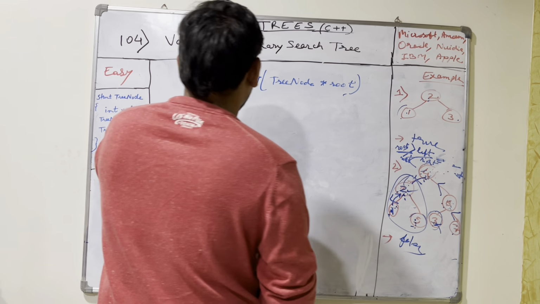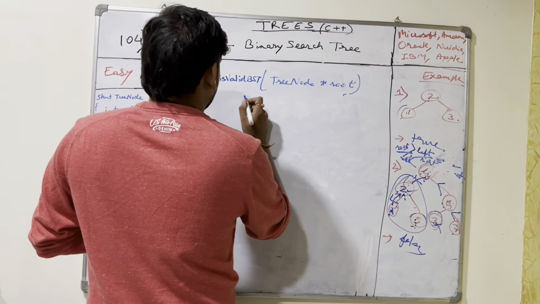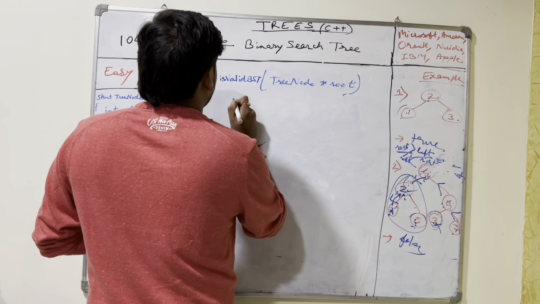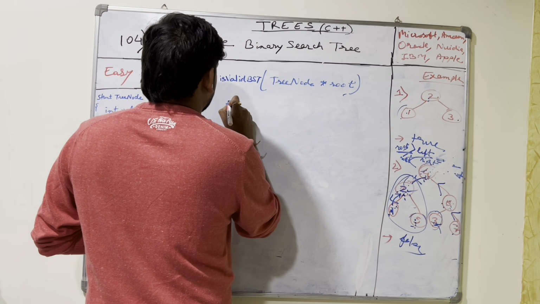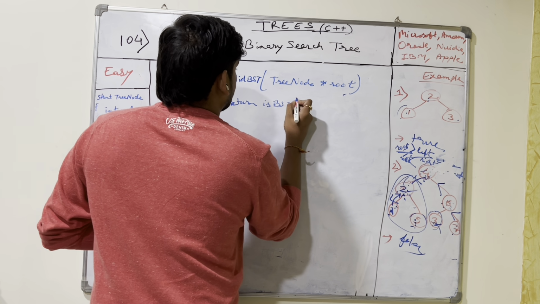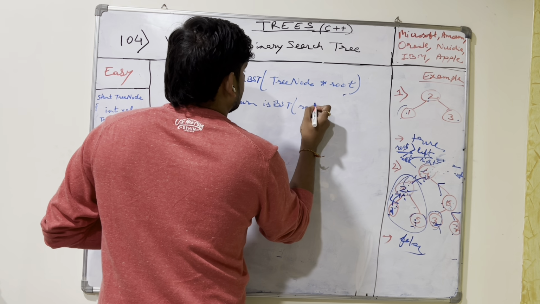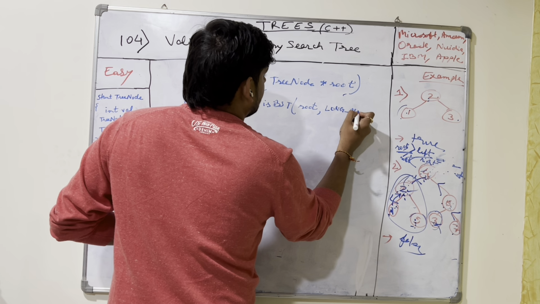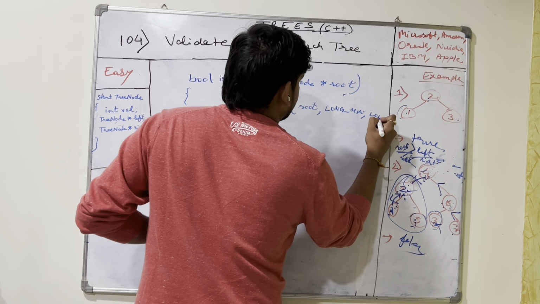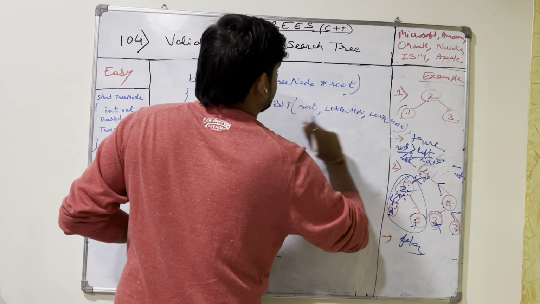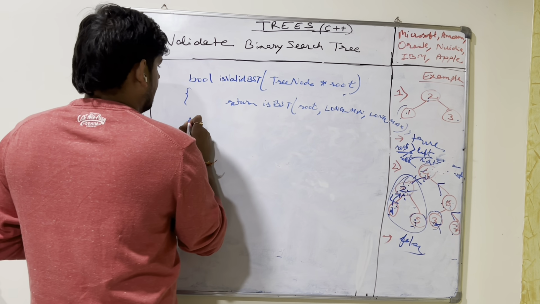We'll use this property. We'll code it. Okay. So let's directly call a function, return isBST. Because we need to pass the minimum value, say long min is the minimum value and long max is the maximum value. Okay. So we pass these two arguments here and we return this.